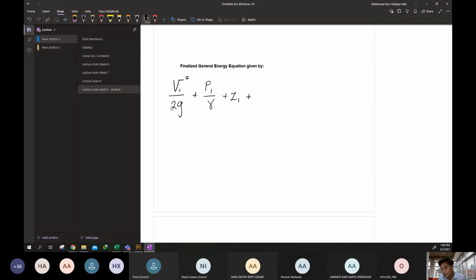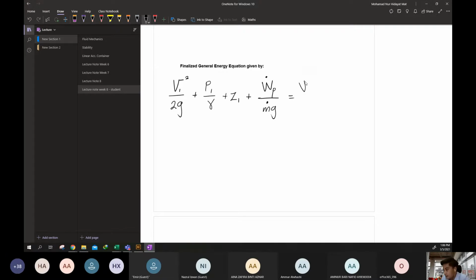This is at inlet 1. Turbine or pump? Anyone? This is work from the pump, because the pump should be at the inlet, over m-dot g. This is the final version.